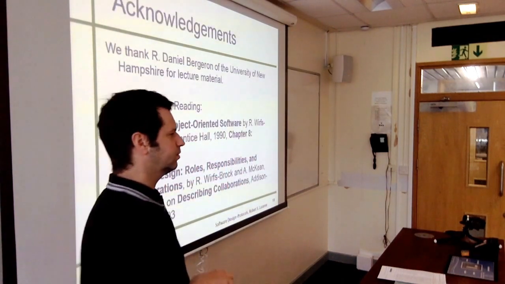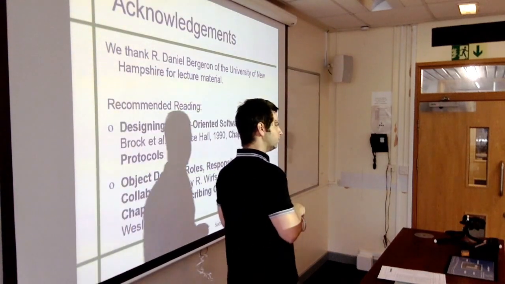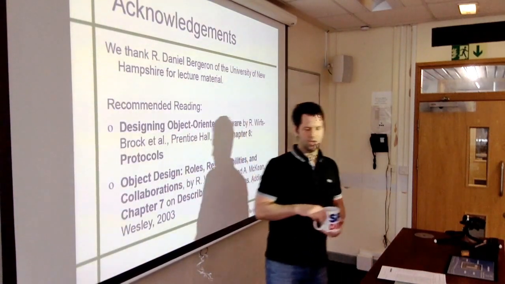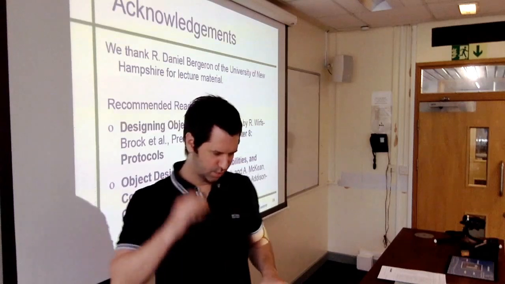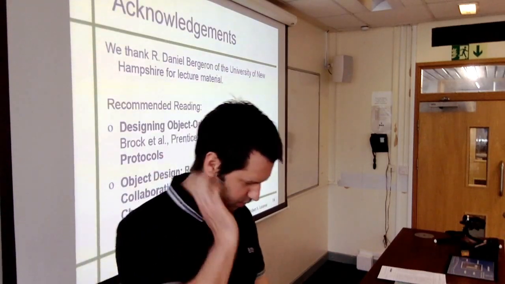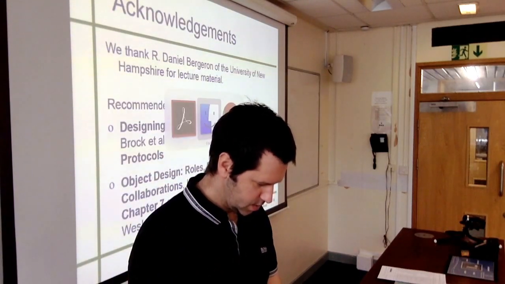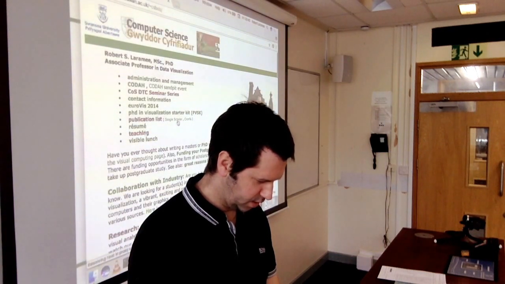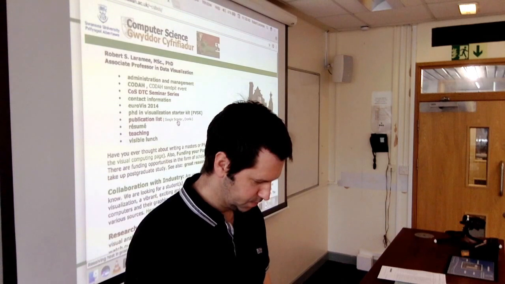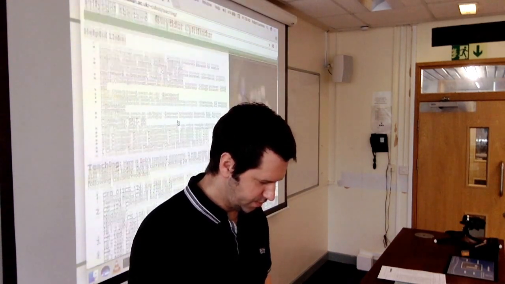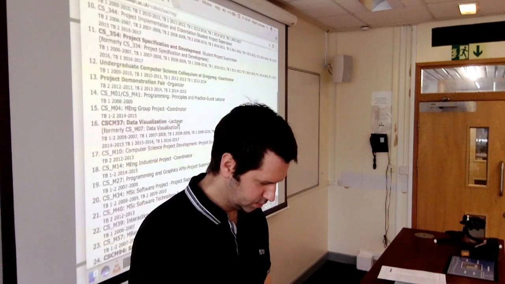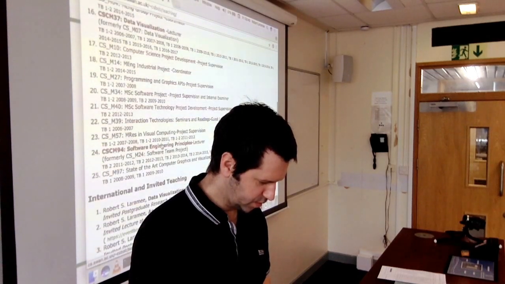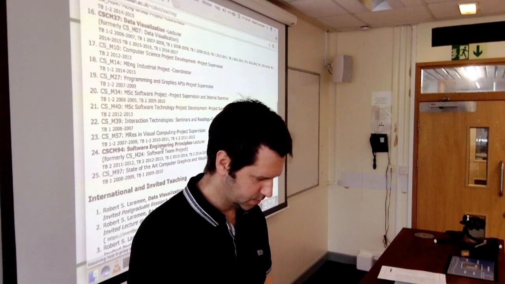Sorry, where are the exercises? Which level? So where are the exercises? The exercises, if you go to my teaching page, and then you find this module. So this module, Software Engineering Principles.